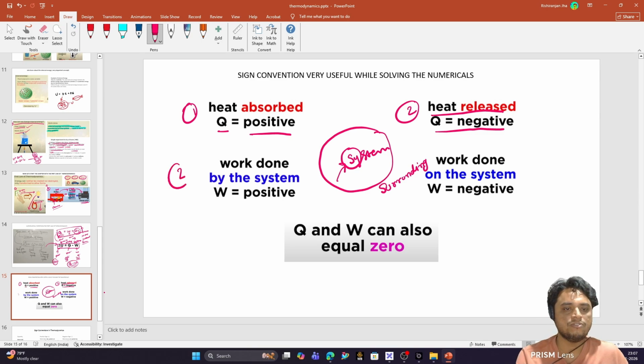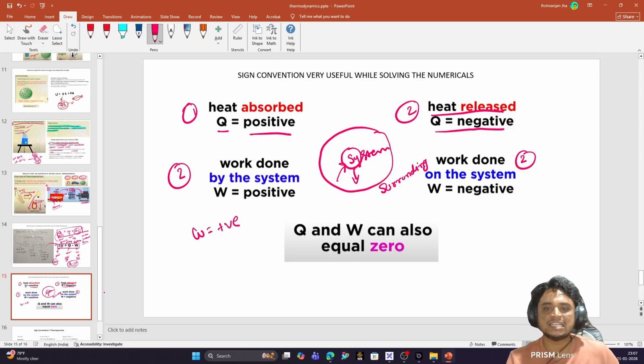Similarly, for the concept of work done, listen carefully: if the work is done by the system on the surrounding, we say that work done is positive. Similarly, if work is done on the system by the surrounding, we say that work done is negative.